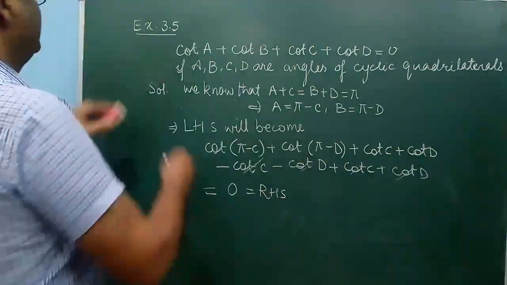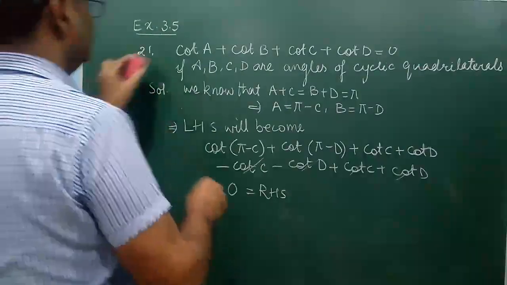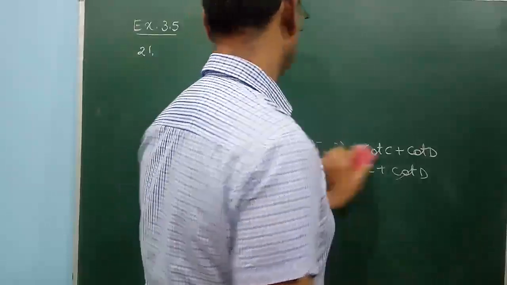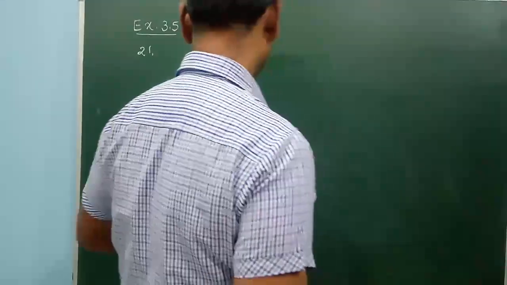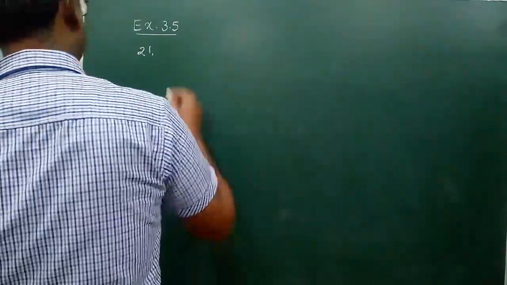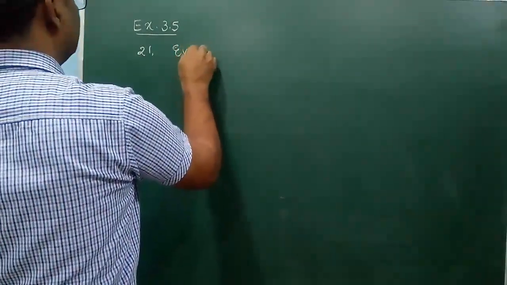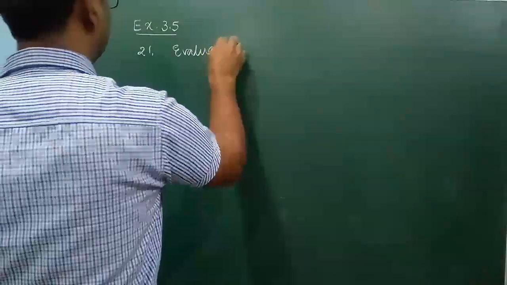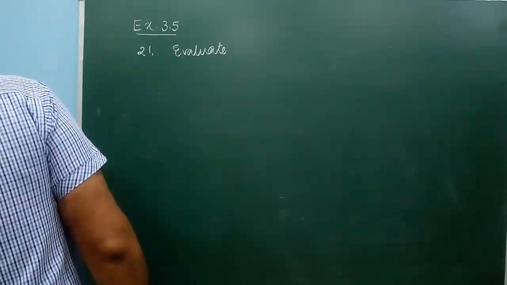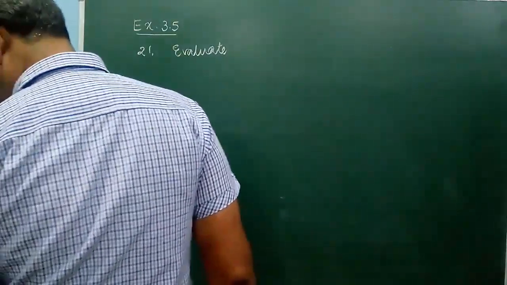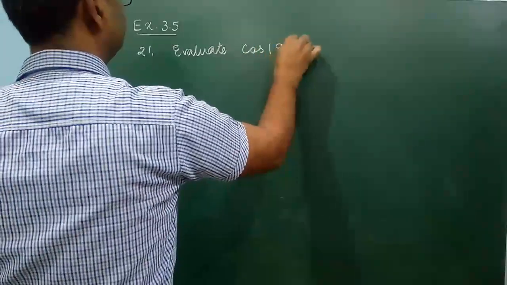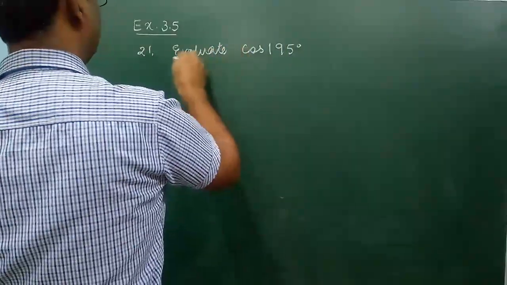Now see the 21st question. In the 21st question it is given: evaluate cos 195 degrees. This is first.